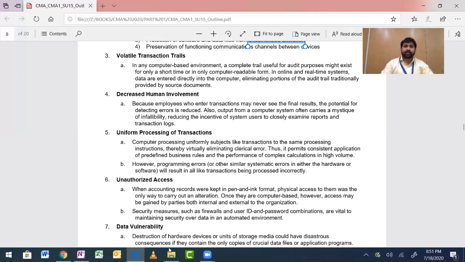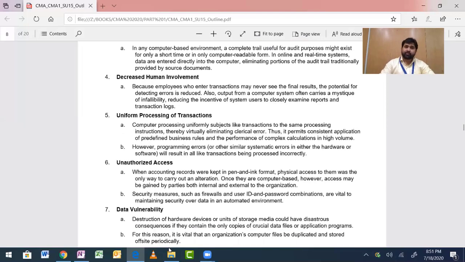In online and real-time systems, data are entered directly into the computer, eliminating portions of the audit trail traditionally provided by source documents. I hope you understand the trail, where one thing leads to another. Volatile means there is too much fluctuation. In these kinds of trails, the trails are wiped out or cleared so that nobody can trace it back to the source.